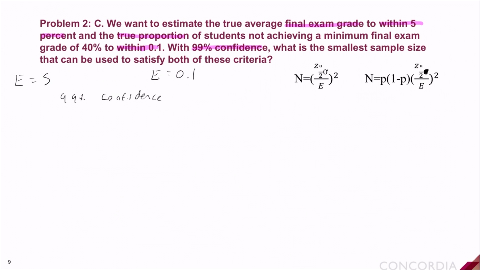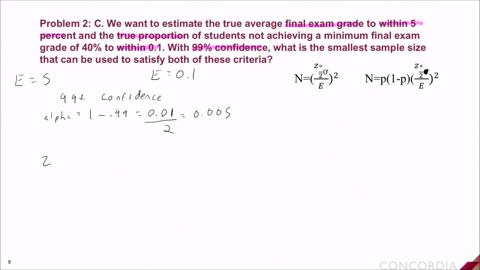confidence. Therefore, they must use the same alpha. Alpha equals 1 minus 0.99, which gives us 0.01. Then we have to divide it by 2, since the formulas require it, and that gives us an alpha of 0.005.